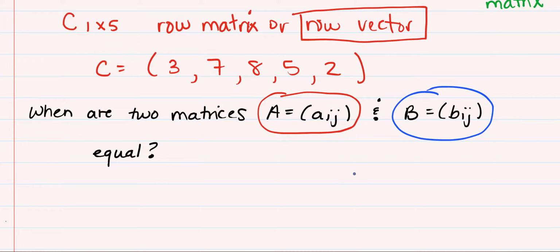So when are 2 matrices equal? Well, 2 matrices are equal if they have the same order, which means the same size, and every entry in each matrix is the same. Let me write this down.